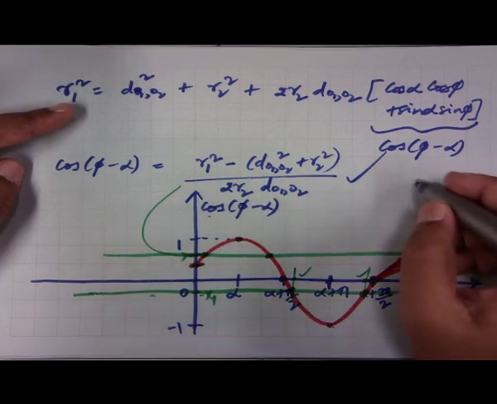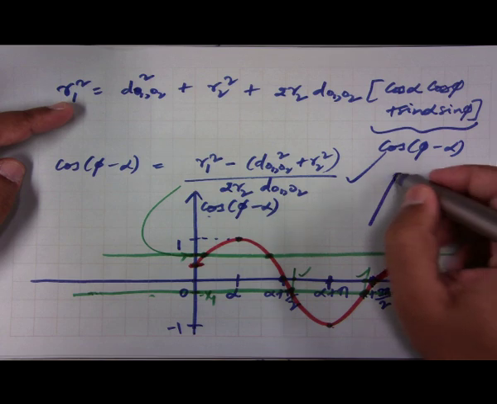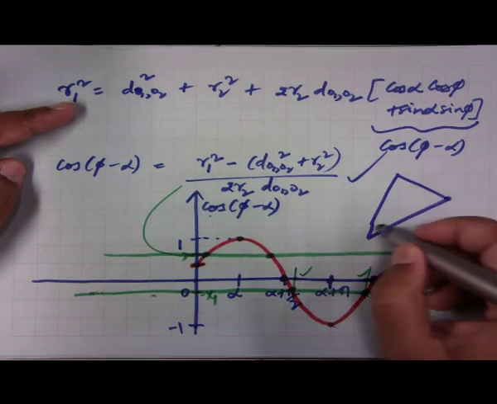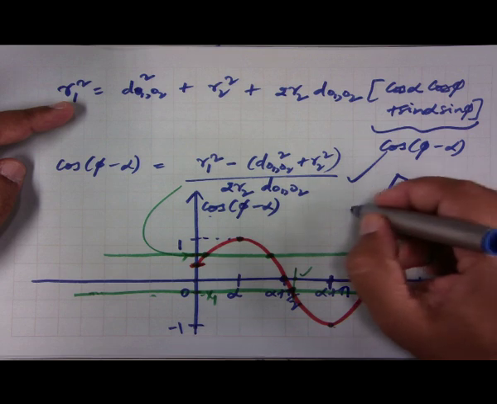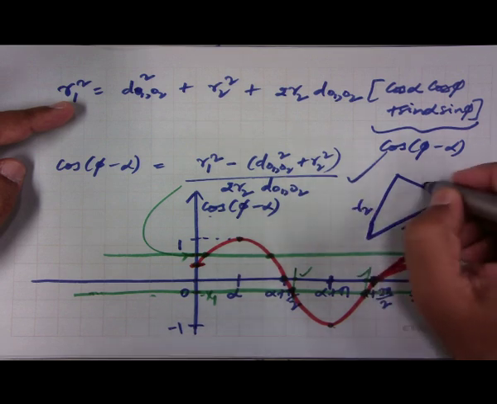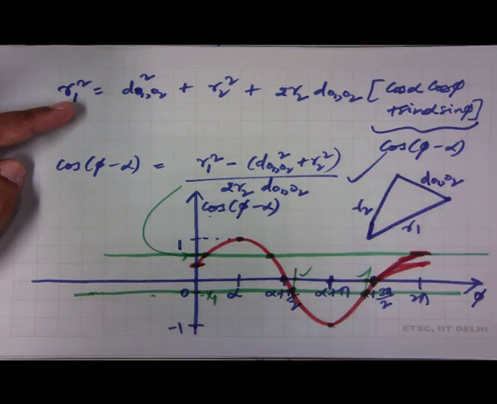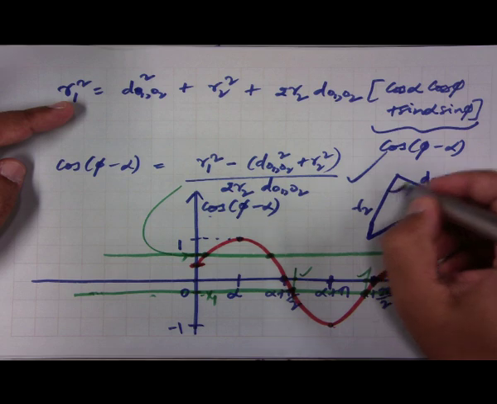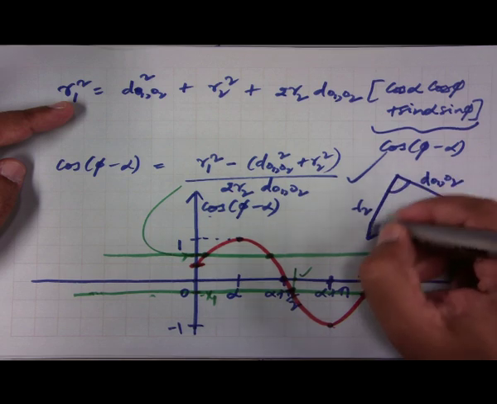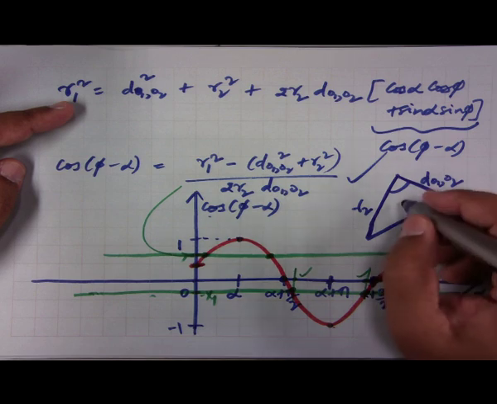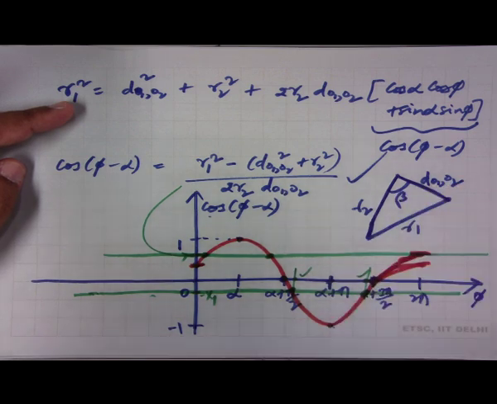If we remember the cosine law, let us say we have a triangle with sides r2, r1 and d(O1, O2), and let us say that the angle between the sides of length r2 and d(O1, O2) is beta.